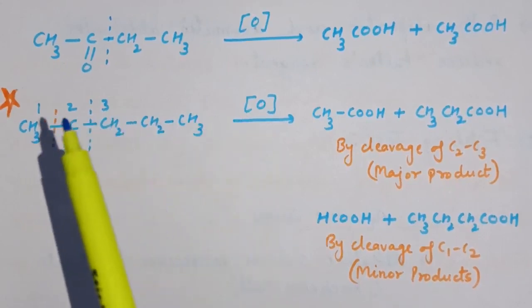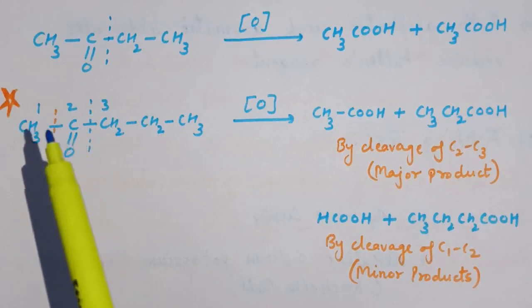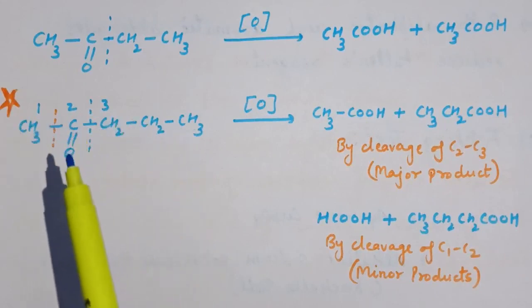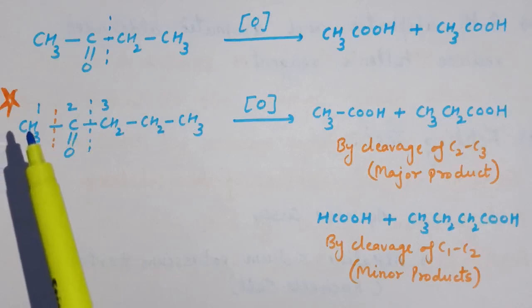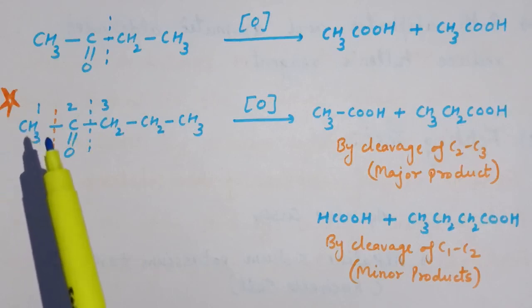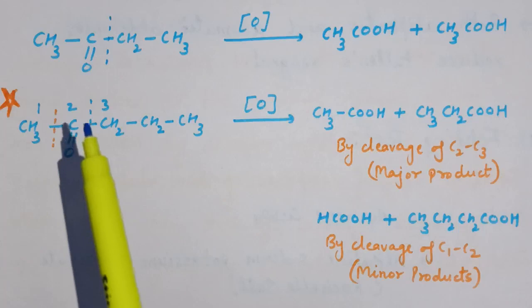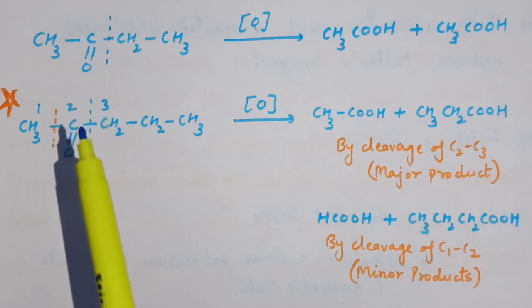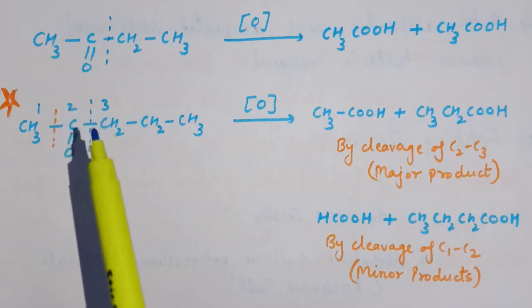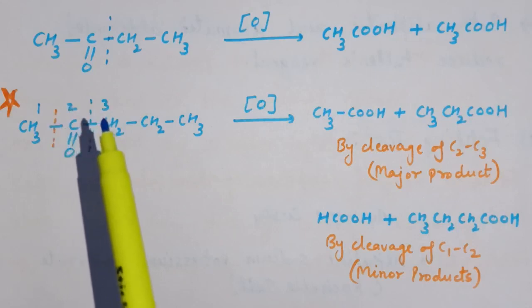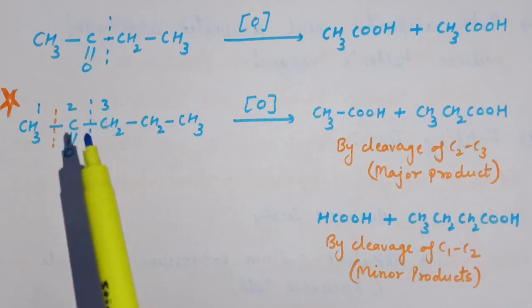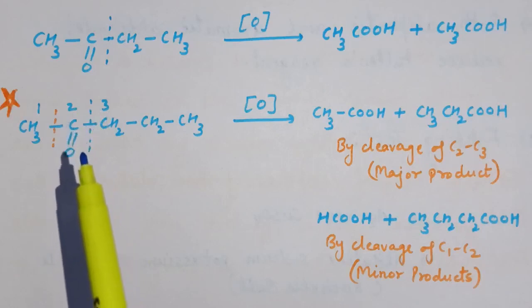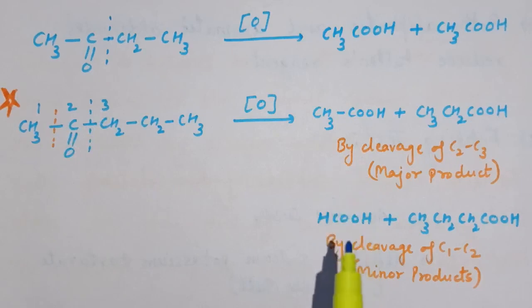Now next is the case of pentan-2-one. So here again this is an unsymmetrical ketone and this methyl group is smaller than this propyl group. So this keto group remains with this methyl group, and major products are formed by the cleavage of the carbon 2 and carbon 3 bond. So here two possibilities are there.